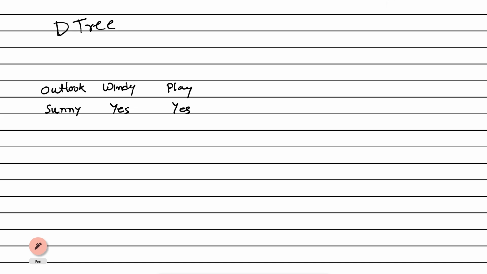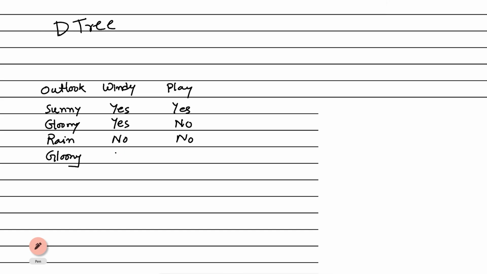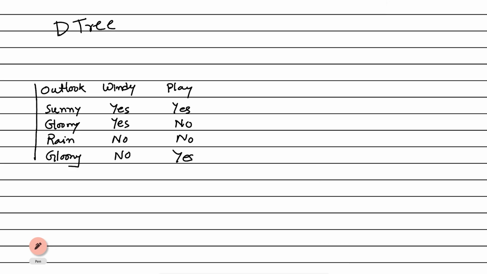If it is cloudy or gloomy, windy, no. Then it may be rainy, no. Still I'm not playing, no. Gloomy, but not windy, then I will play, yes. So let's say this is the kind of problem for me.